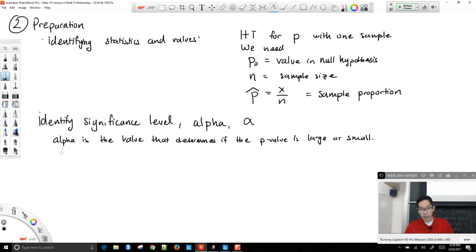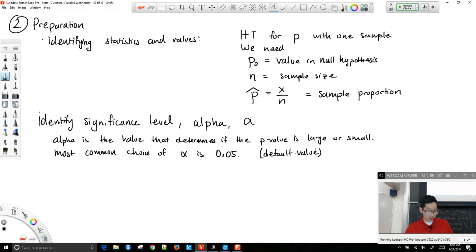The most common choice of alpha is 5%. This is our default value. If alpha is not specified in the problem, you can assume that it is 5%.